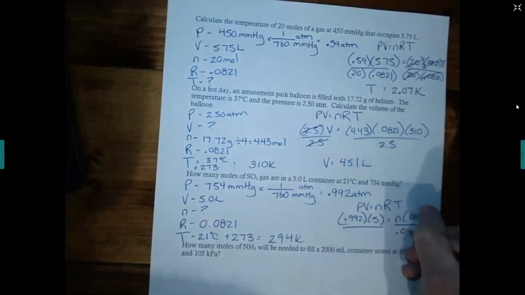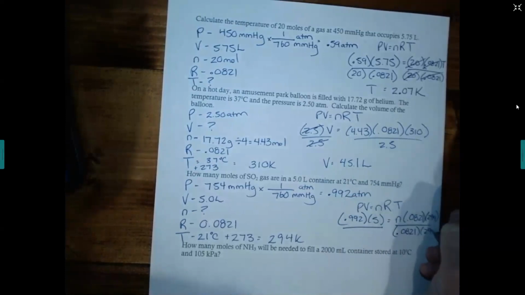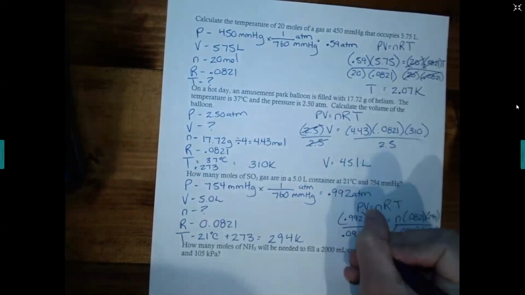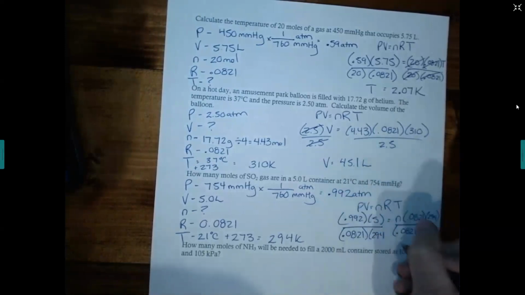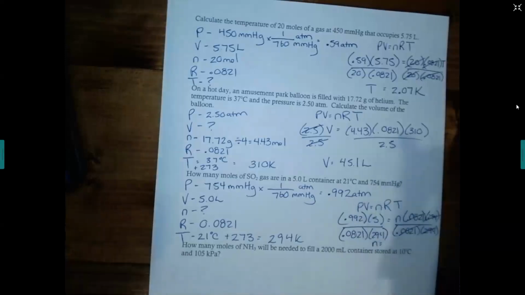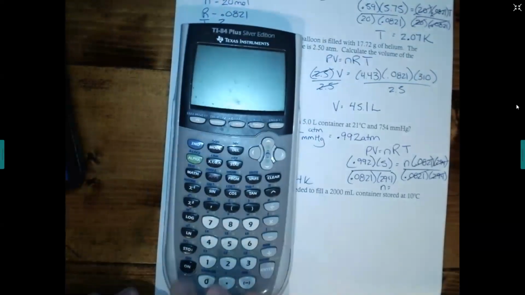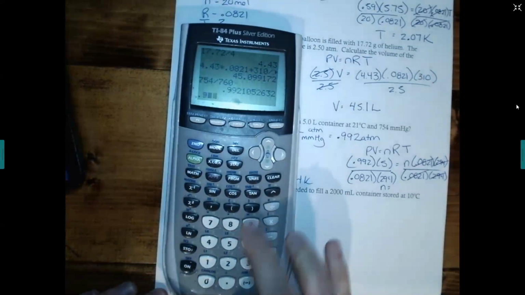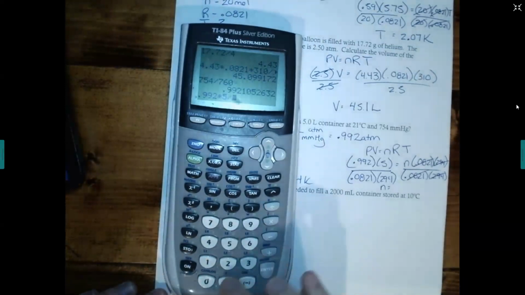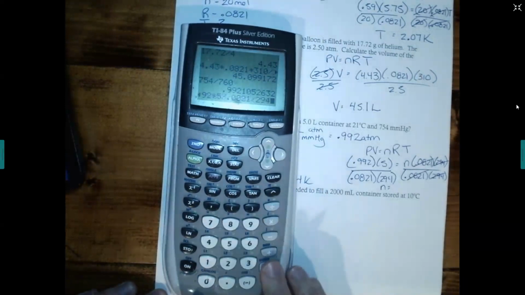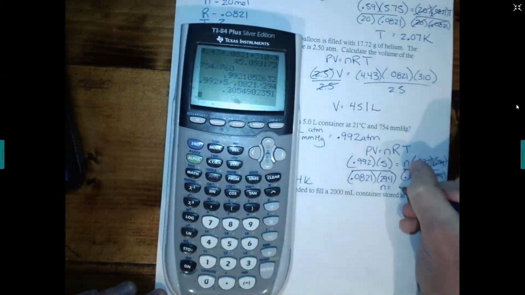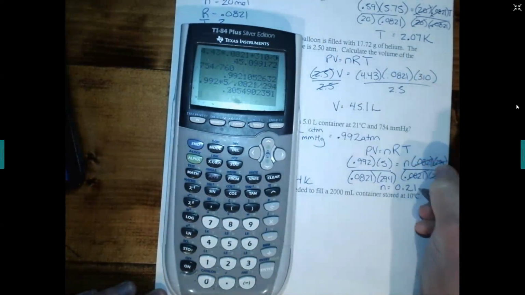Divide both sides by 0.0821 and by 294. So these cancel. Let's see what you get for n. We get 0.21 moles.